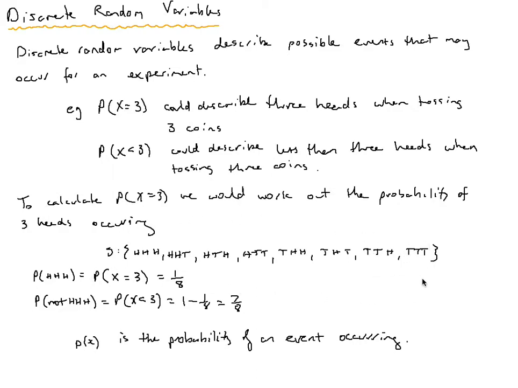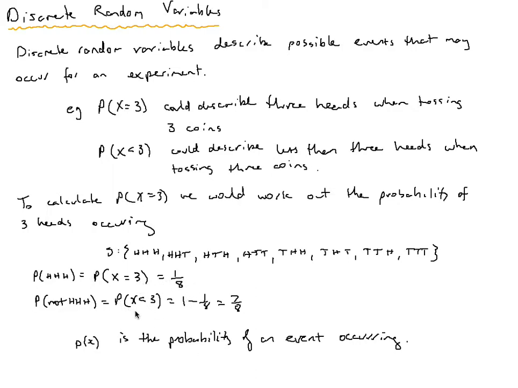Now if I look at this whole sample space, there's only one possible case out of all 8 of them, and not all 8 are equally likely, one chance out of 8 of getting heads, heads, heads. So therefore the probability of getting 3 heads in this notation is 1 over 8.